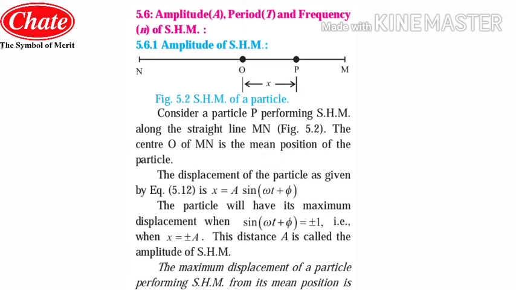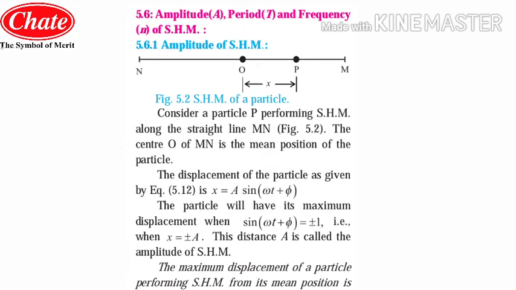If you put the value of sine of omega t plus phi as 1, then 1 into a remains only plus minus a, thus x will have the value of plus minus a only. So this distance is nothing but the amplitude of the SHM.